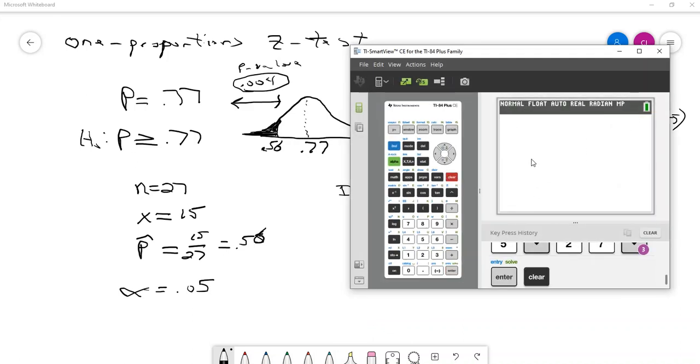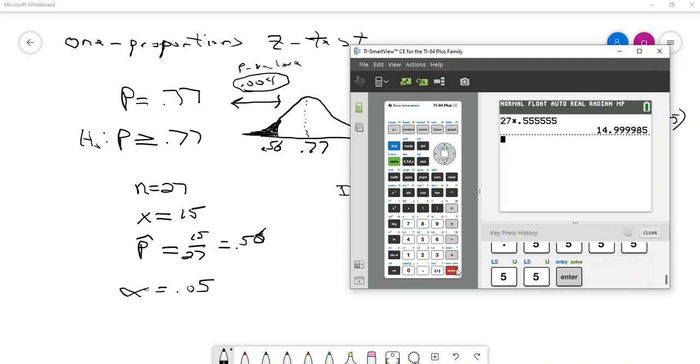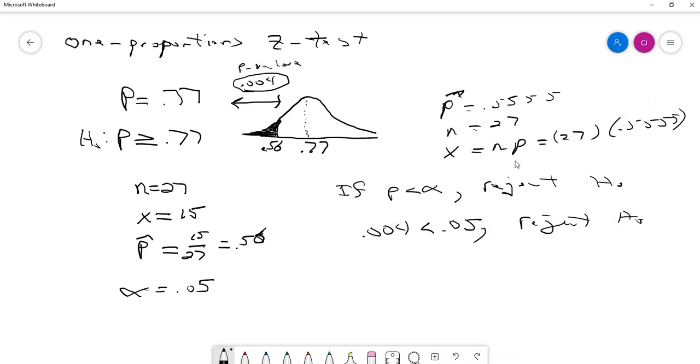So if we do that, clear this up, 27 times 0.555, and enter, and see we get 15. That's what x was. X was 15. So x would be equal to 15.